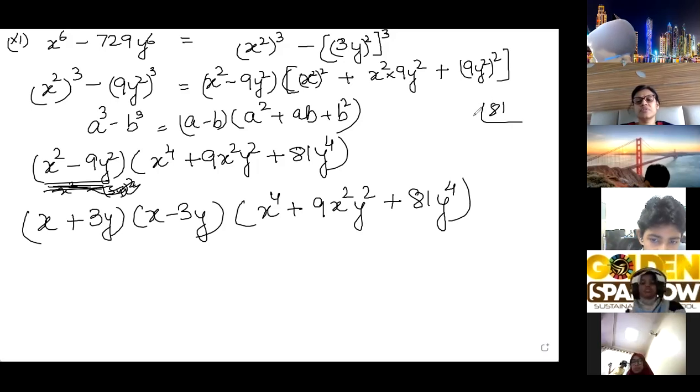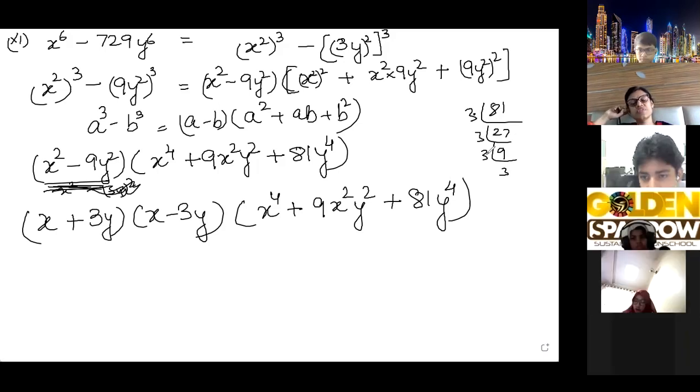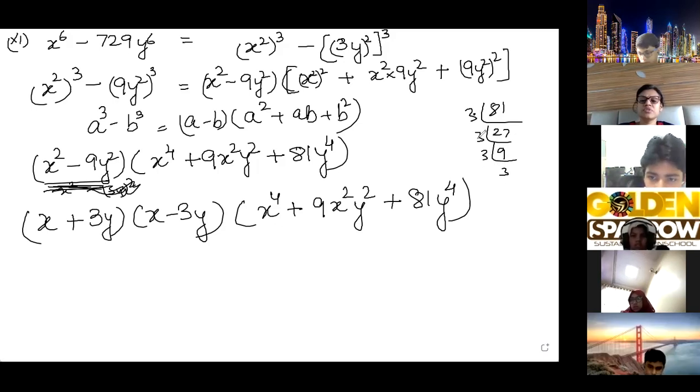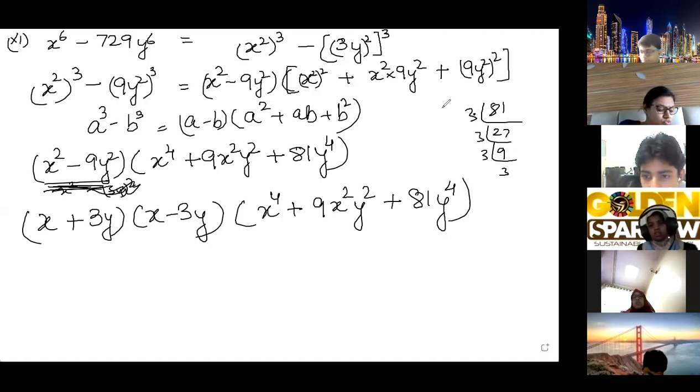It will not be minus, it will be plus 3, 3. Ma'am, we can't take 81 with 9. I think 81y raised to 4 we have got.